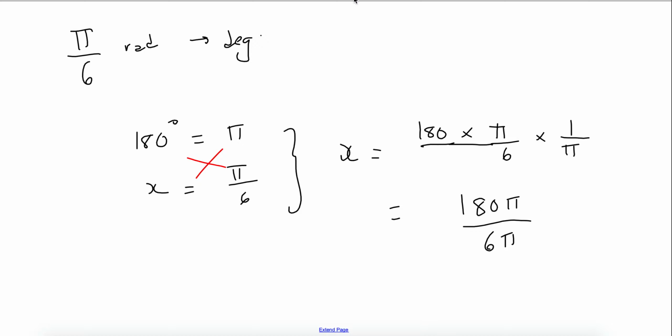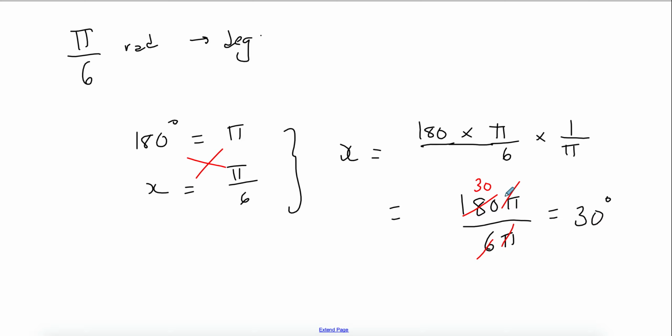So then I could cancel things out. The 6 and the 180 cancel out. This will be 30. So I have 30 degrees. And this is one of the common degrees you should be familiar with, pi over 6. So 30 degrees is the answer, and it should be easy to do.